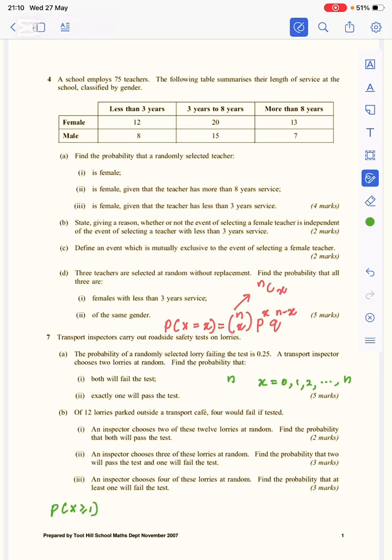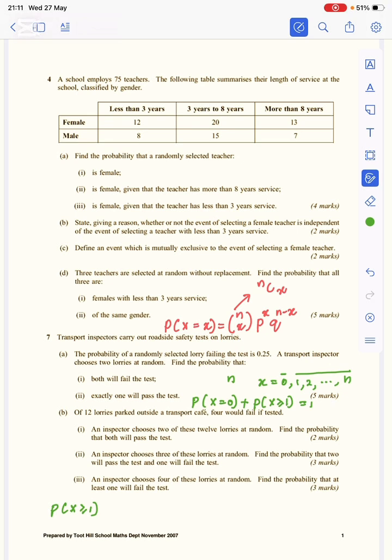For this one, probability of x equal to 0 plus probability of x greater than or equal to 1, this entire thing should equal 1. This is the rule in binomial probability.